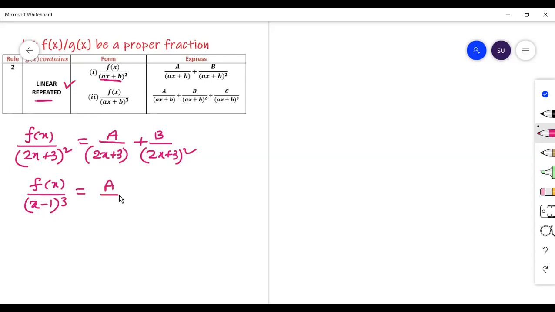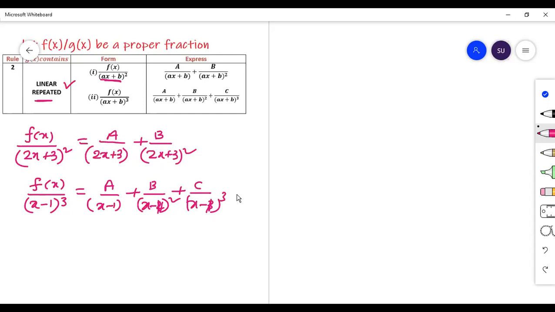So we need to write A by plus B by plus C by. First one, x minus 1. Second one, x minus 1 whole square. Third, x minus 1 whole cube. If there is one more time, for example a fourth time, then x minus 1 whole power 4. Like that we need to write.